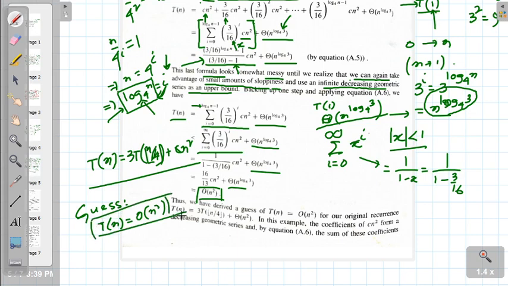For guessing, I have utilized the help of this recursion tree, right? So now you have understood why we solved this recursion tree at length, so that we can get a good guess. Instead of arbitrarily guessing, we have followed a systematic method by utilizing the recursion tree method, and we have got this.